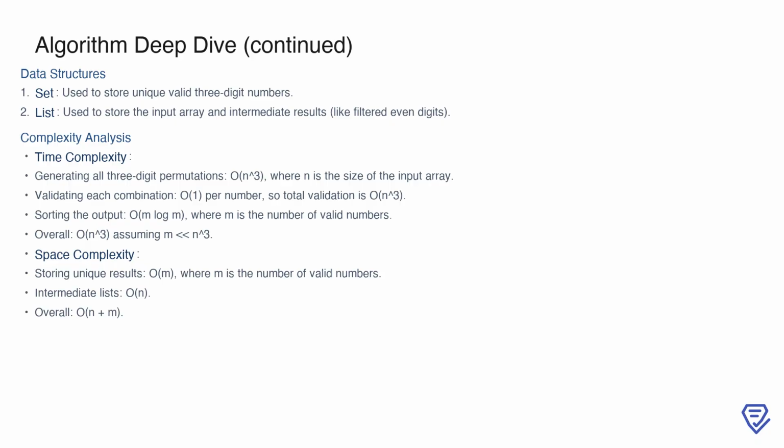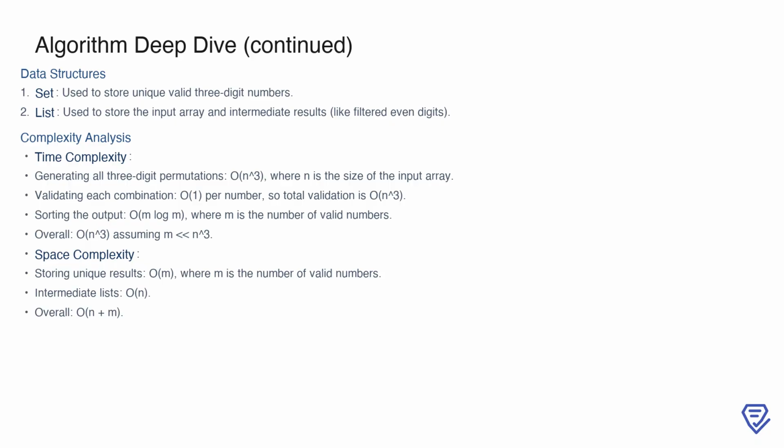Now, let's analyze the complexity. The time complexity is dominated by the process of generating all 3-digit permutations, which takes n cubed, where n is the size of the input array. Validating each combination is constant time, so this step doesn't add significant overhead. Sorting the output has a complexity of m log m, where m is the number of valid numbers, but since m is typically much smaller than n cubed, the overall time complexity remains n cubed.